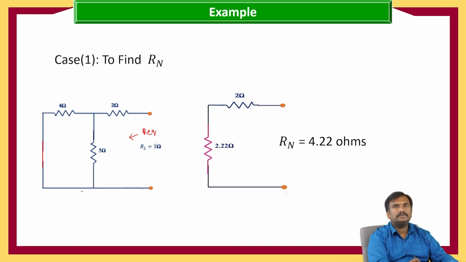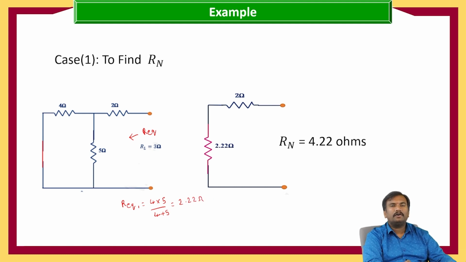If you see from these two terminals, this 4 ohms and 5 ohms are connected in parallel. When we take the 4 ohms and 5 ohms in parallel, R equivalent 1 is equal to 4 into 5 by 4 plus 5, which is equal to 2.22 ohms.